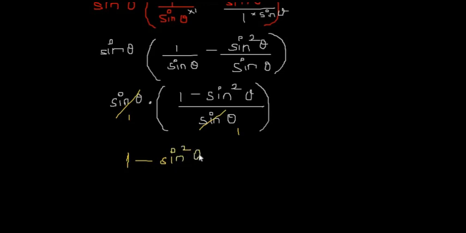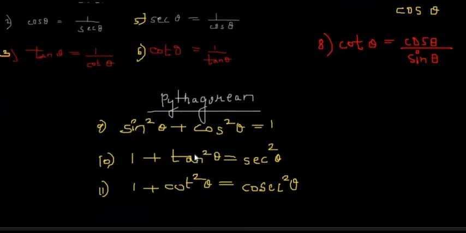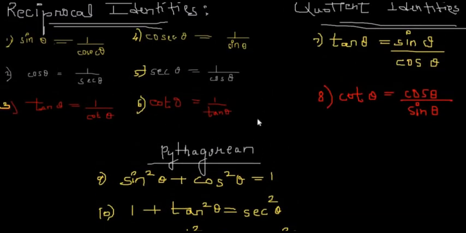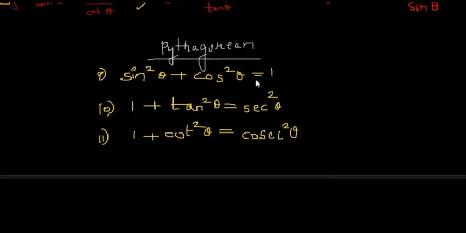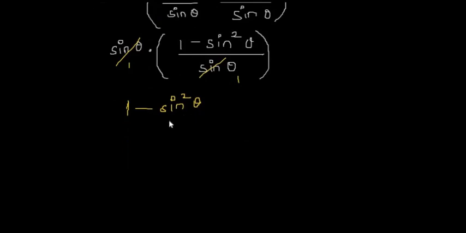If you see a square in the given answer which you have got, think about the Pythagorean identities, because the square comes only in the Pythagorean identities. It doesn't come in your reciprocal identities or quotient identities. So the Pythagorean identity you can see here is sine square theta plus cos square theta equal to 1. So there is a sine square theta here.